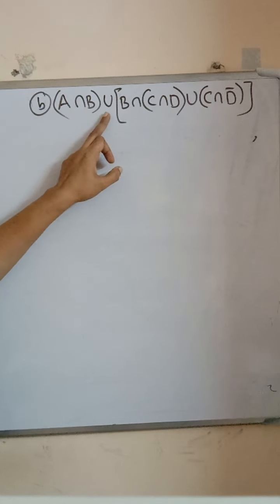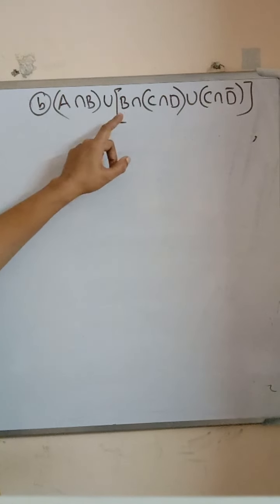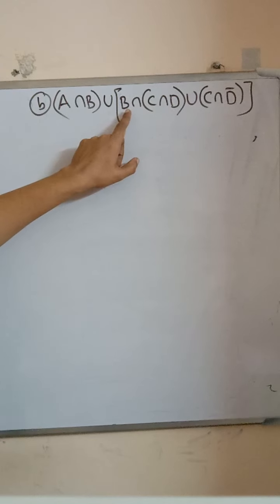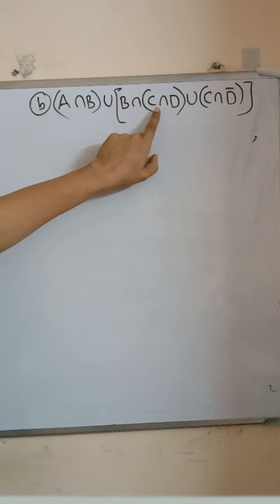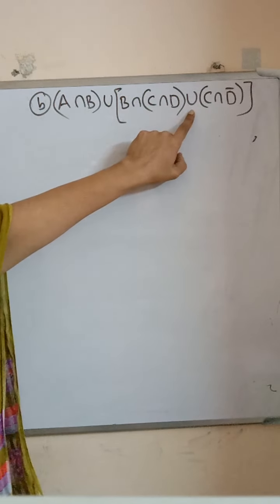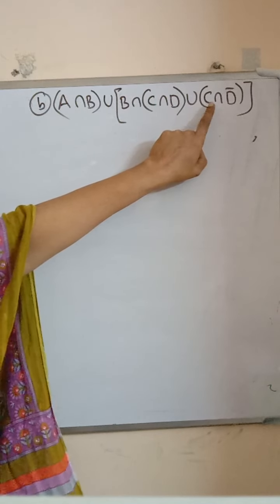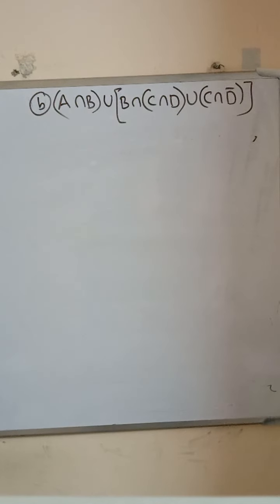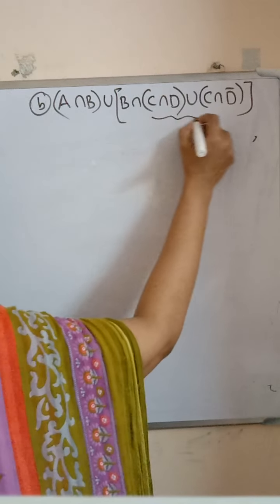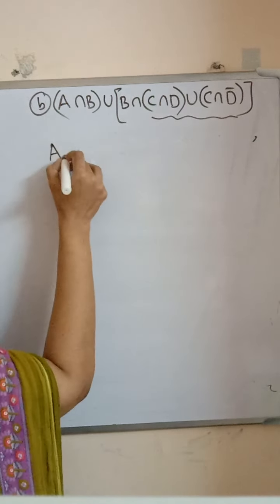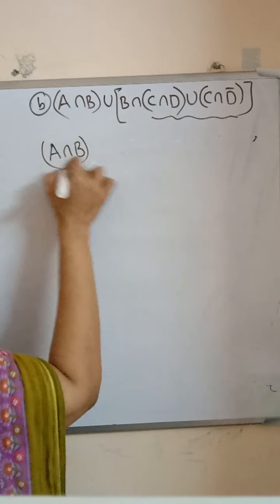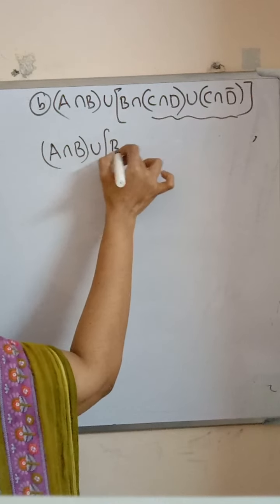Here also we can distribute this union operation into this bracket: B intersection C intersection D union C intersection D complement. From this we can write it as A intersection B union B intersection.